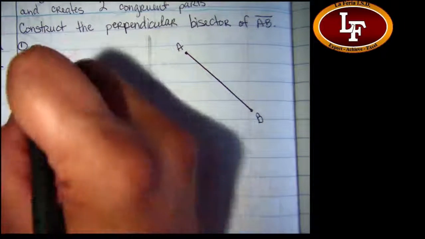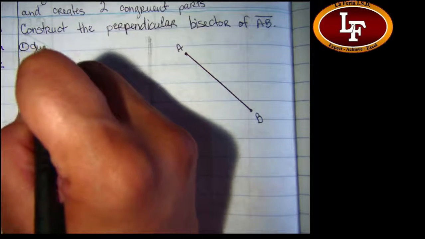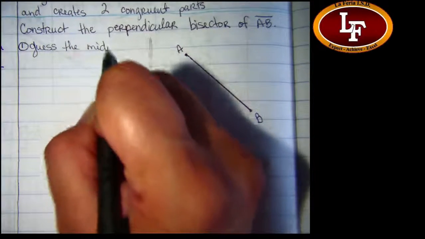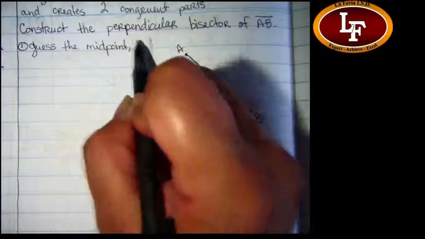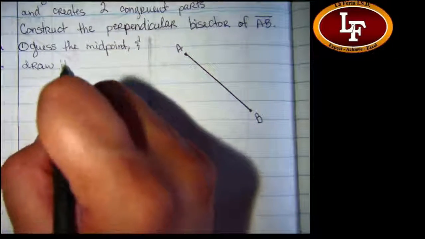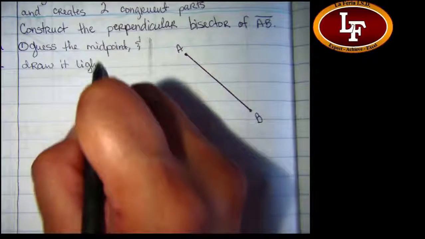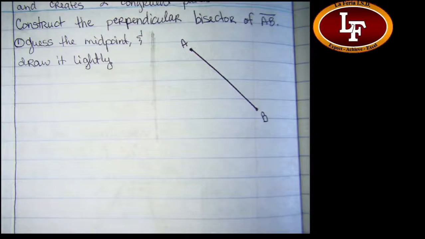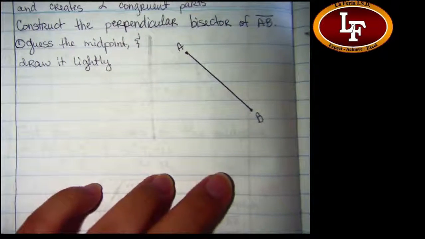Step number 1. Take a guess as to where the midpoint is, and then draw it lightly. I'm not going to draw it lightly because you need to be able to see it, but just take a guess as to where the middle is.